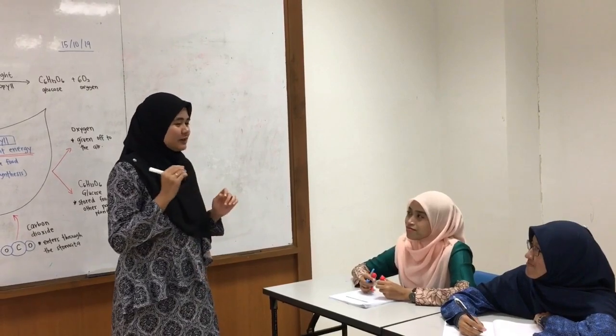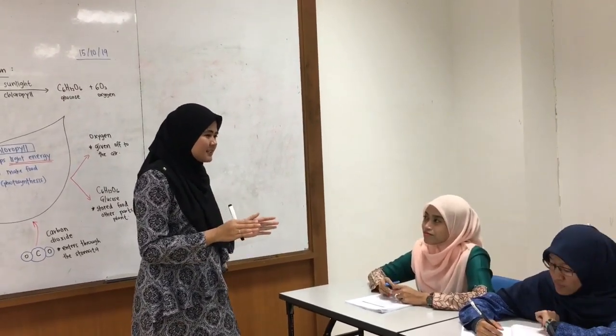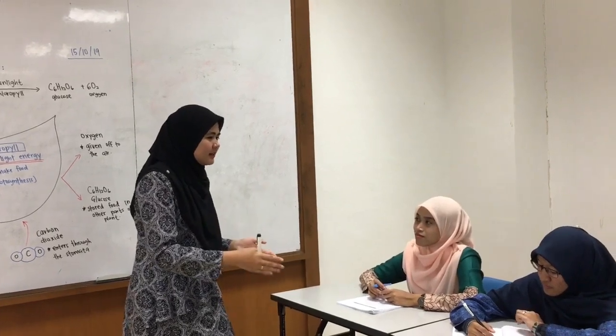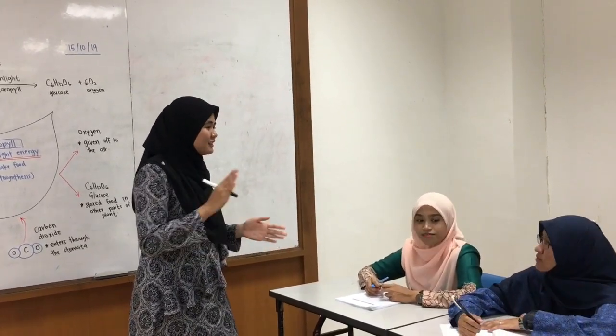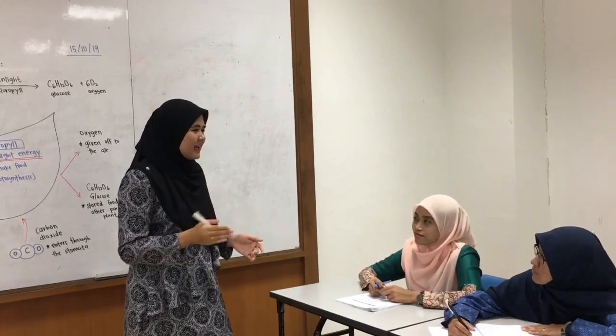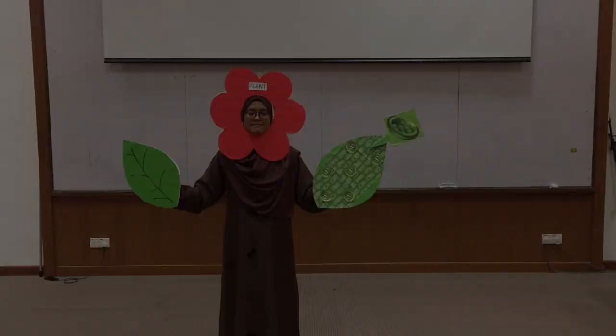I myself will be the carbon dioxide and also glucose. I give you around 5 minutes to discuss among yourselves the roles. Later on we will conduct a role play entitled photosynthesis. Okay, let's discuss. 5 minutes later.